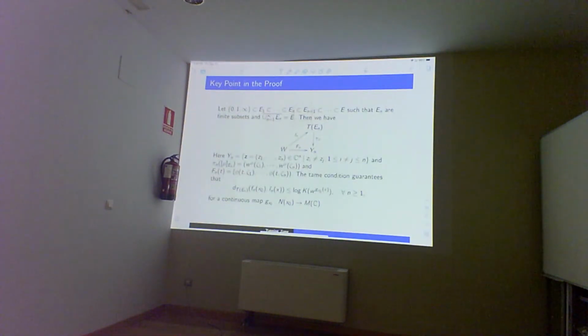That means if you take Yn as a point in Cn such that the coordinates are all different, then that diagonal-removed space will be the universal cover of this one, right? Here I assume W is simply connected, so you can lift to the universal cover.